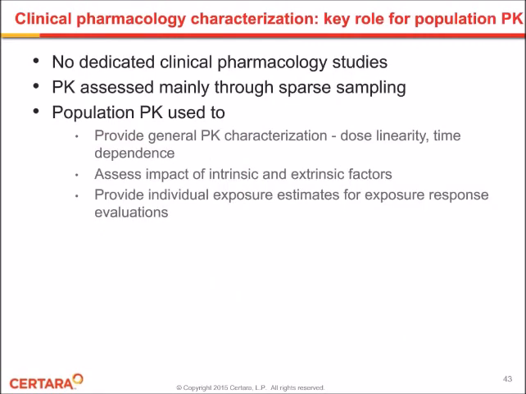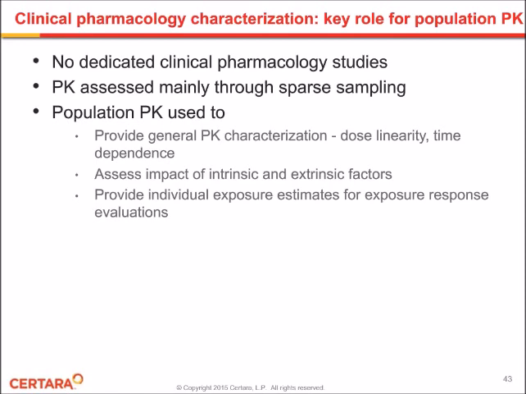Okay, moving on to the final example, and briefly discussing the key role for population PK in the characterization of clinical pharmacology for these immuno-oncology compounds. As I already mentioned, no dedicated clin pharm studies have been performed in these programs, and PK was assessed mainly through sparse sampling in the patient studies.